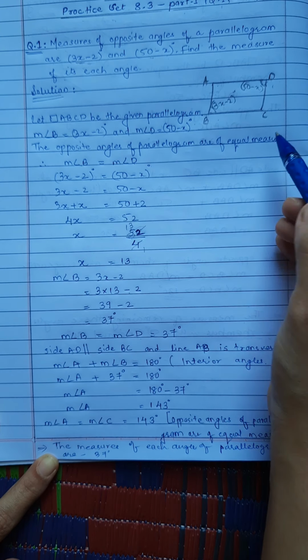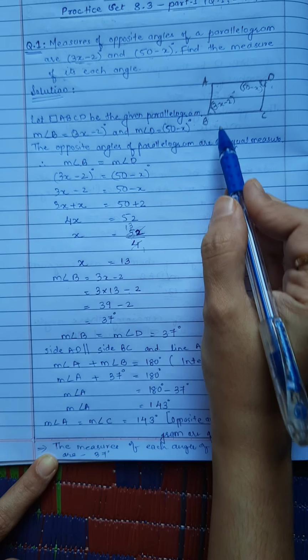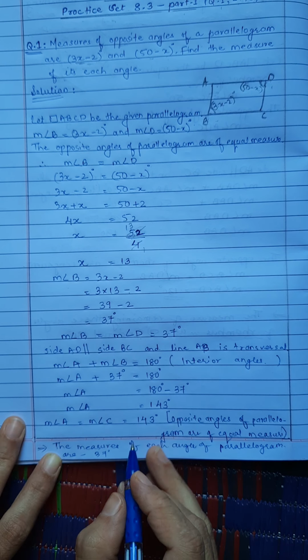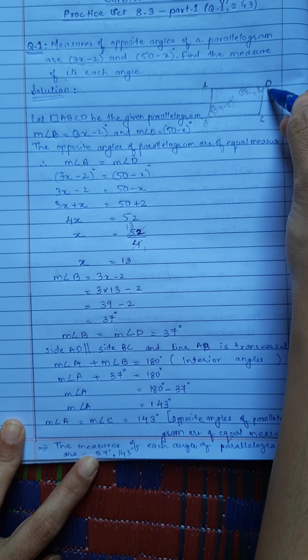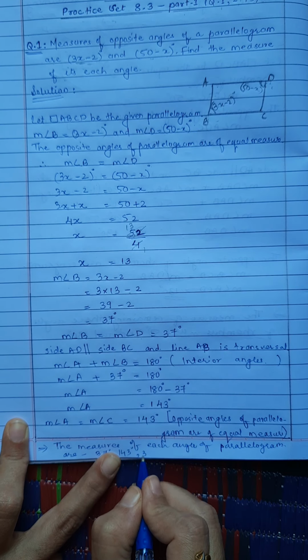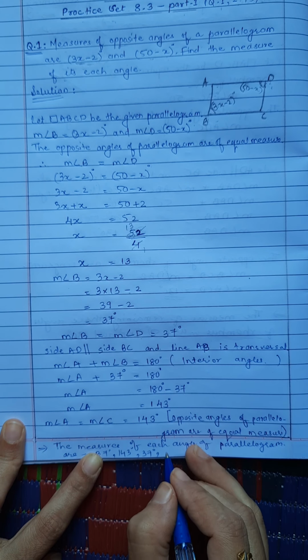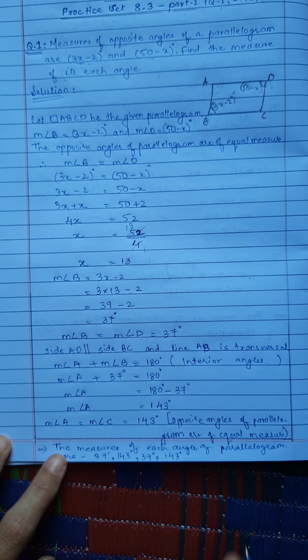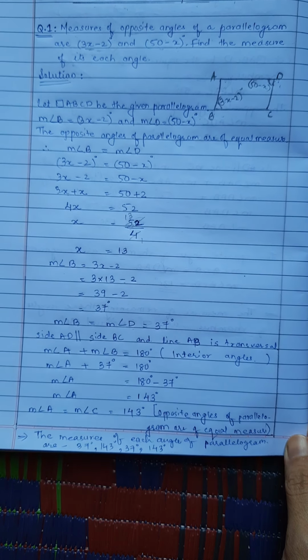Okay, write it in this way. B you got 37 degrees, C you got 143 degrees, D. So B and D are the same, that is 37 degrees, and the remaining A you got as 143 degrees. Okay, so in this way we can solve our first question.